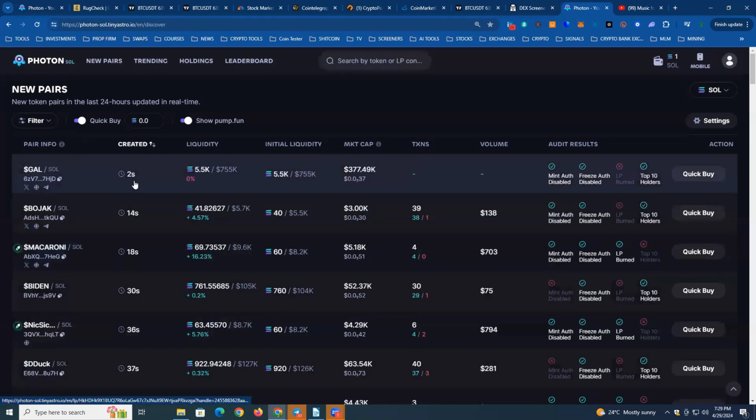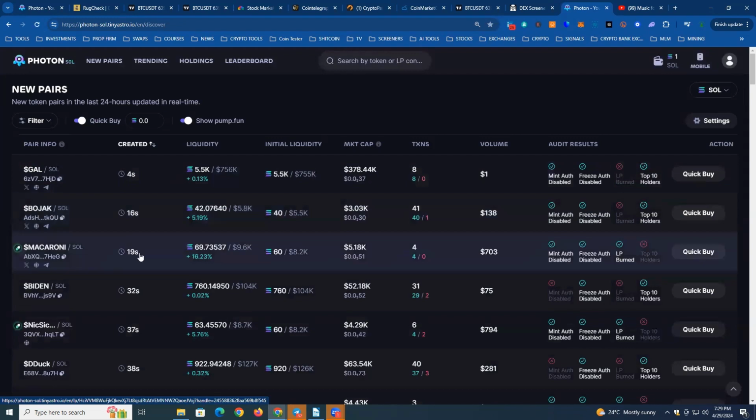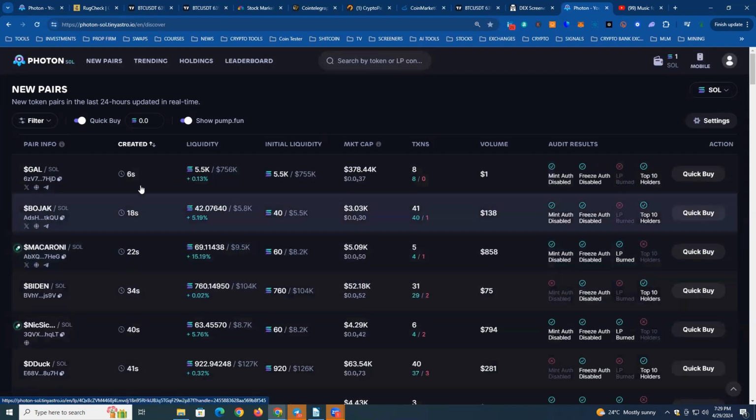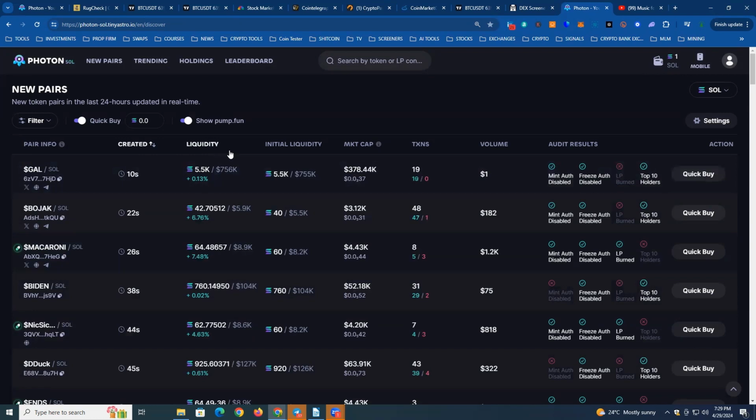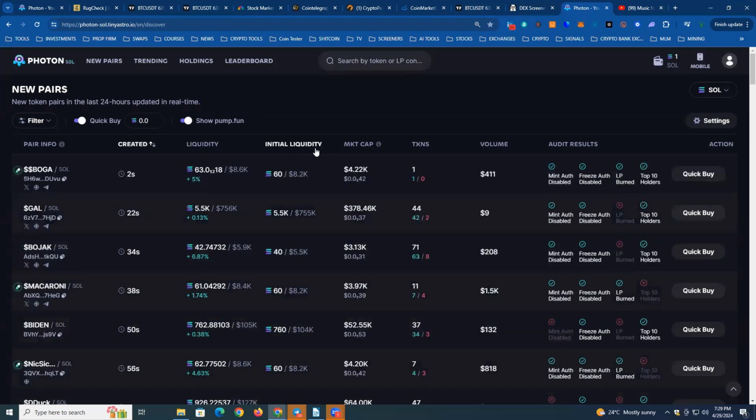For instance, in this instance, 1 second, 14 seconds, 19, 20 seconds, and so on and so forth. You are given the liquidity amount. You are also given the initial liquidity that was put into the coin to begin the exercise of selling that coin in the open market. And you're also given the present overall market cap of that coin.